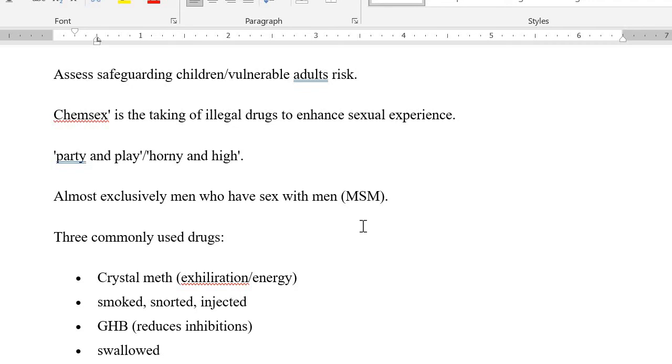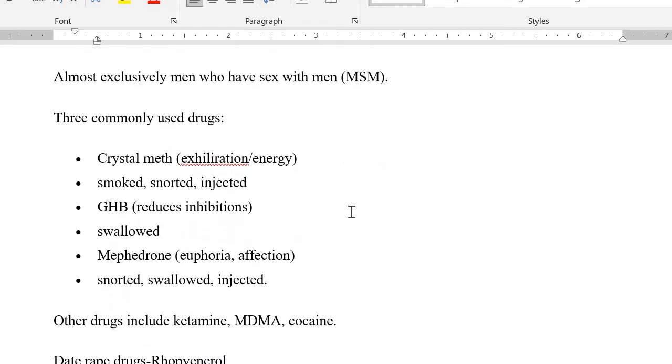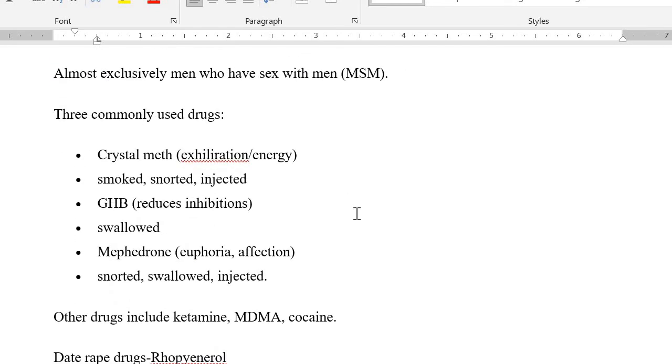It means that people who are having these sexual practices use drugs to enhance their sexual experience. They will take the drugs and they will party and play, and they can be high. Almost exclusively it is used when men are having sex with men, and then they will go to the women and spread the infections to them also.